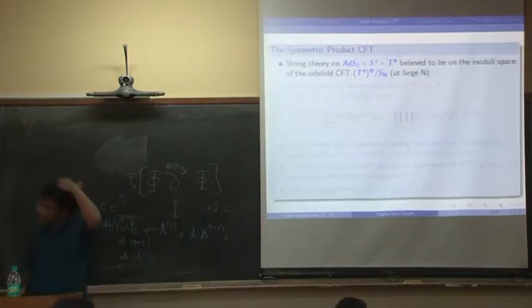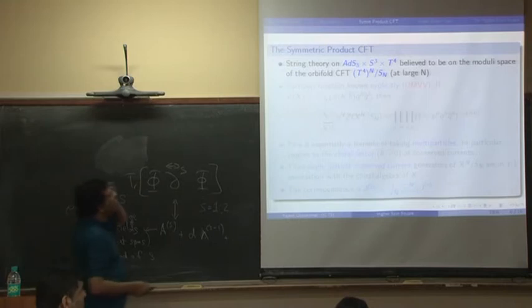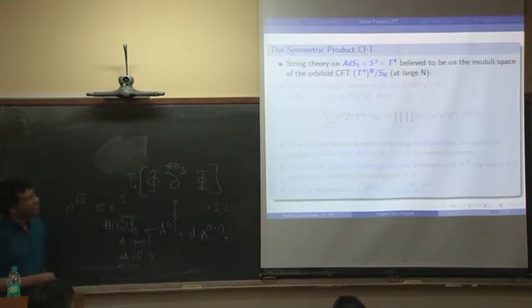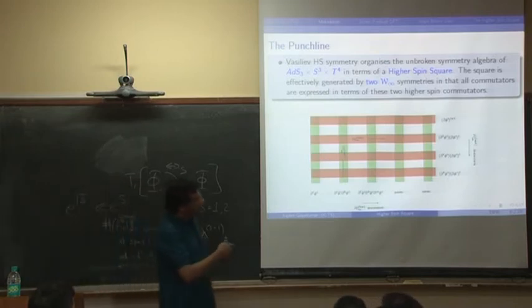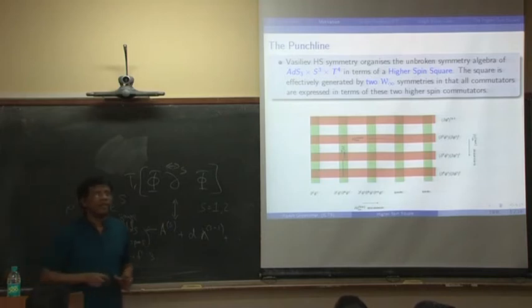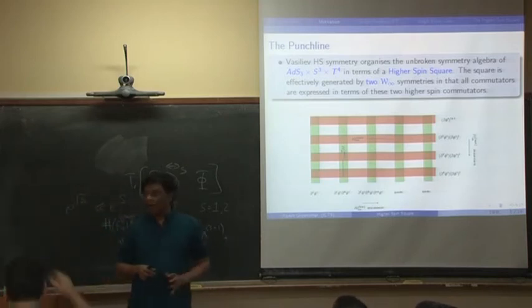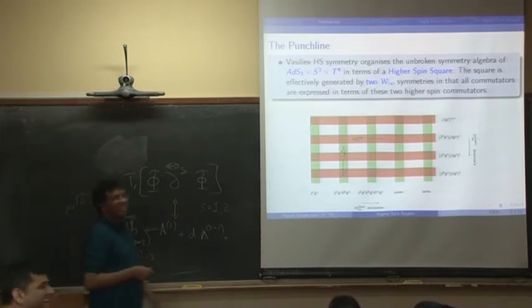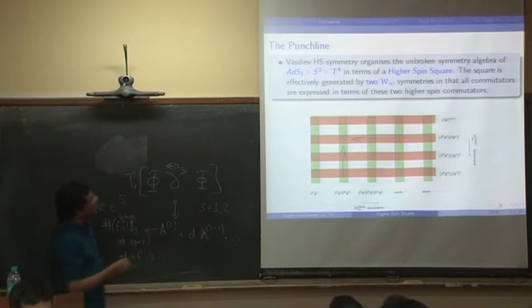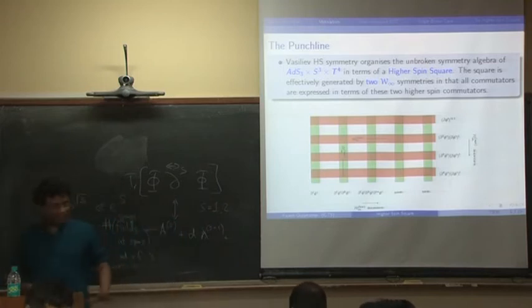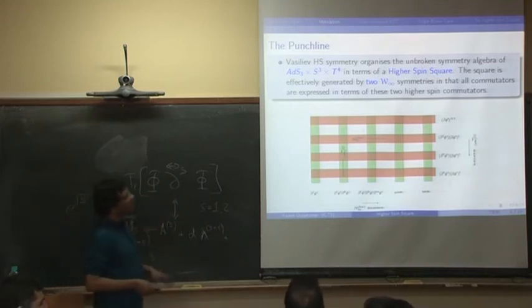So let me now explain what this symmetric product CFT is. By the way, about this higher spin square, I'll concentrate mostly on the symmetries, which are of course the conserved currents of this CFT.